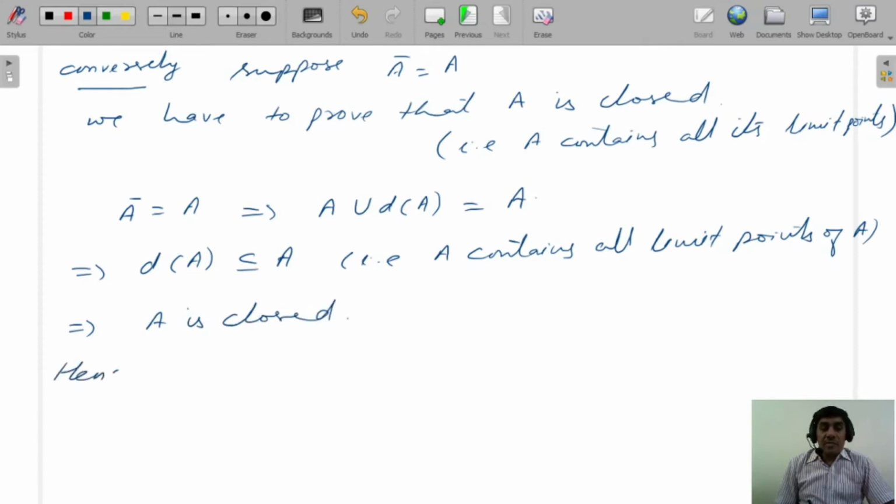Hence, A is closed if and only if A closure is equal to A.